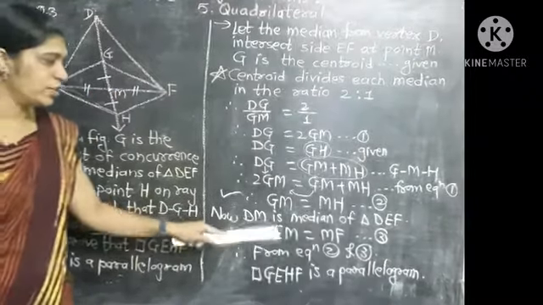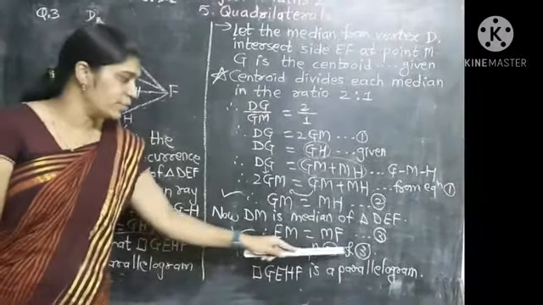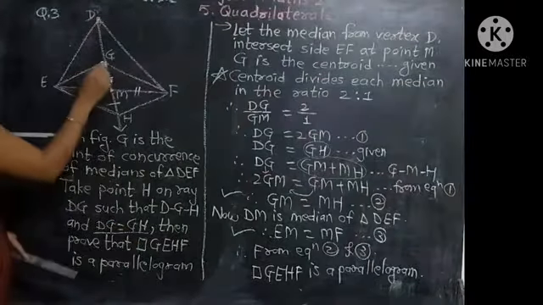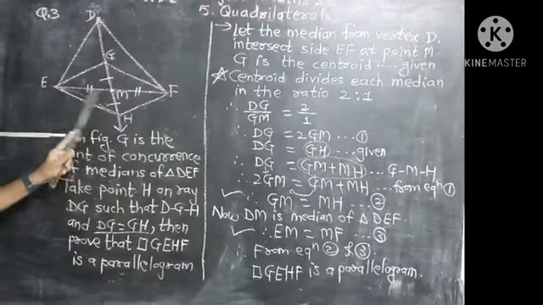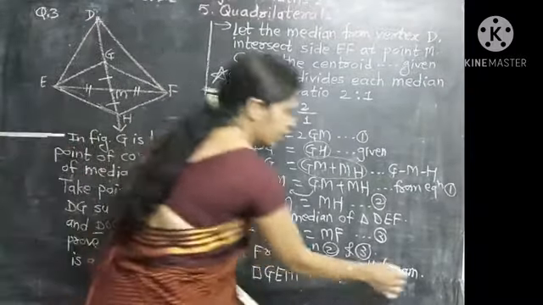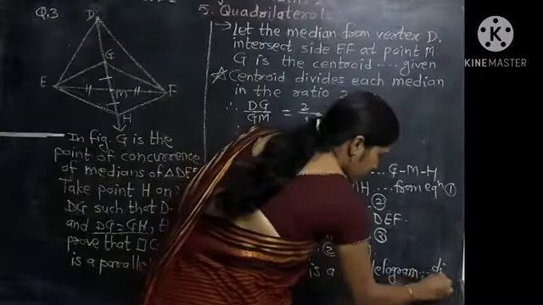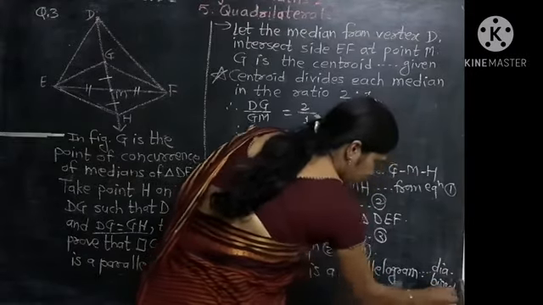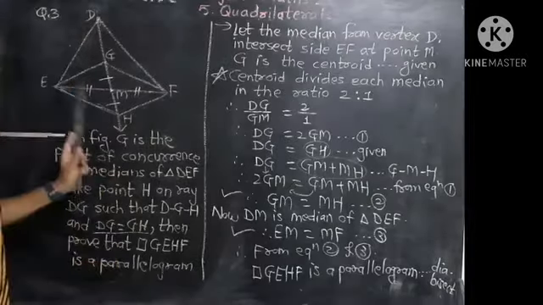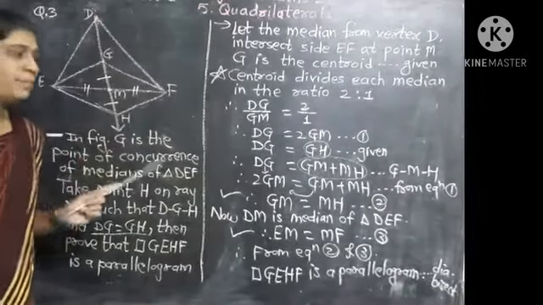According to these two equations, from equation 2 and equation number 3, quadrilateral GEHF is a parallelogram. Why is this a parallelogram? Because diagonals bisect each other. If diagonals bisect each other, then it is a parallelogram.